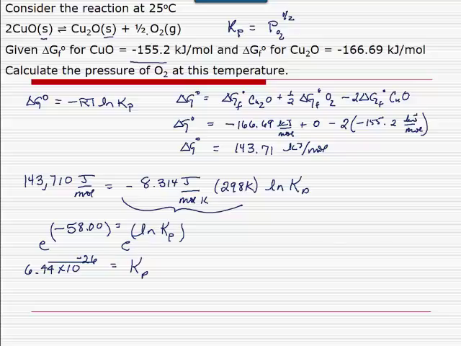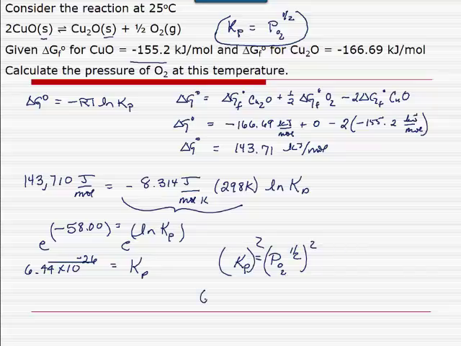So that is a very tiny K. This also is telling me my equilibrium lies far to the left. Now we'll go back up here and remind ourselves what we're trying to determine, the pressure of O2. So here is my relationship that is going to get me the pressure of O2. Kp is the pressure of O2 to the 1/2 power. So if I square both sides, I will just be left with the pressure.